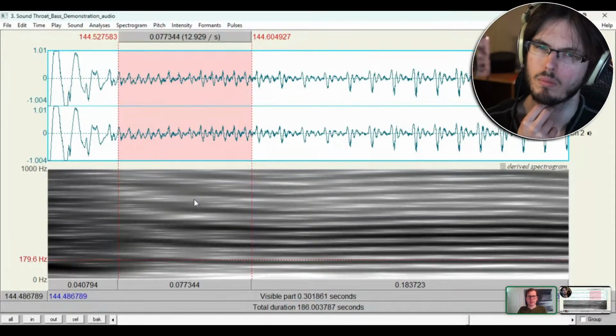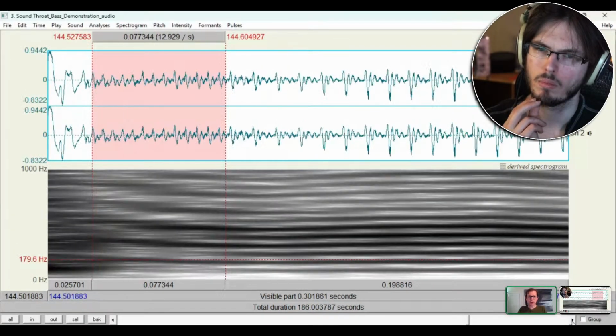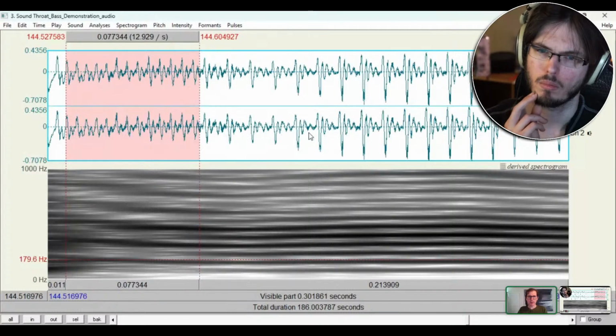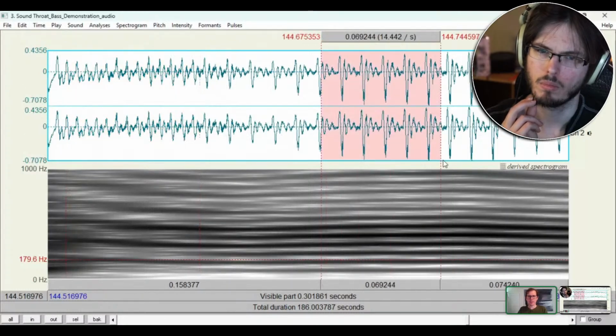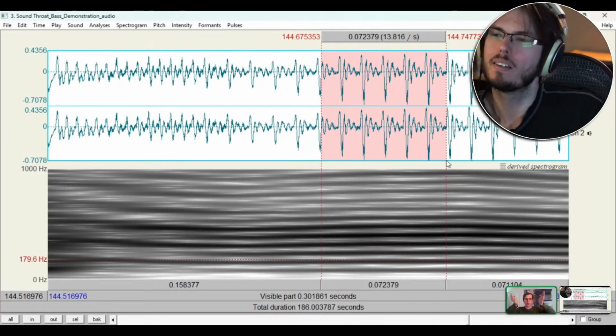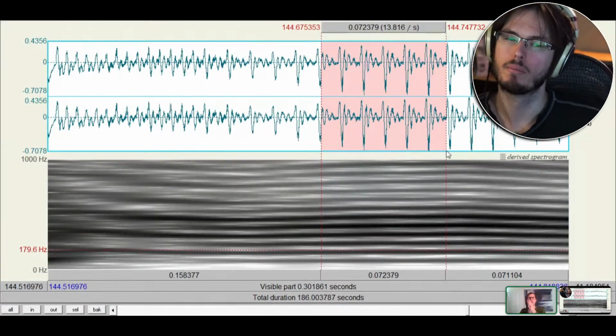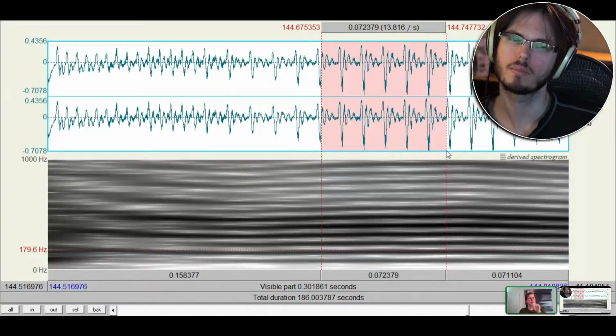What happens is that the false vocal folds show up and start doing their own vibration in the throat base area. And the false vocal folds, the ventricular folds, are doing a vibration. I gotta make sure I say this just right.